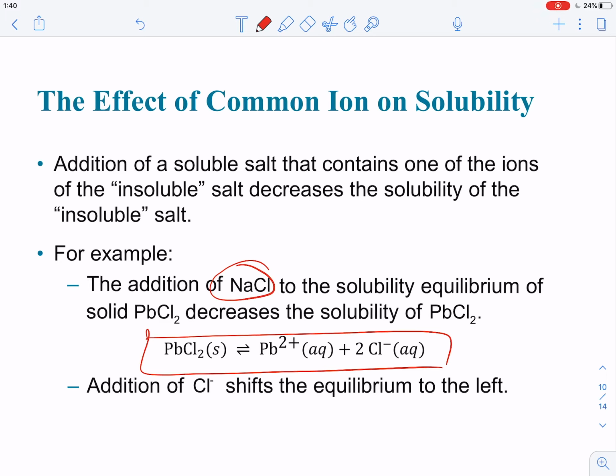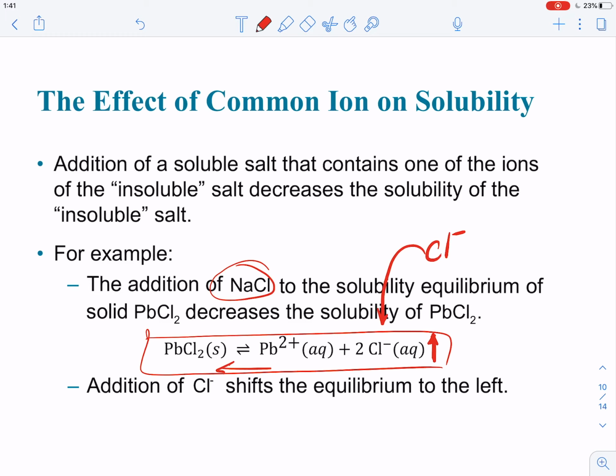Well, technically, what you are doing is adding more chloride. And since you are adding more chloride, you basically are applying Le Chatelier's principle here. If you are increasing the concentration of chloride, then the equilibrium will shift to the left.